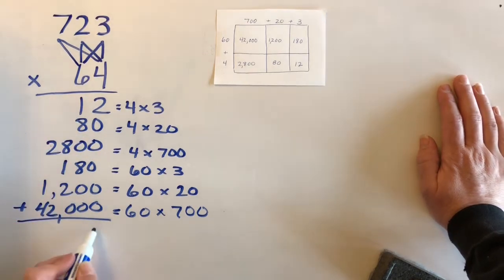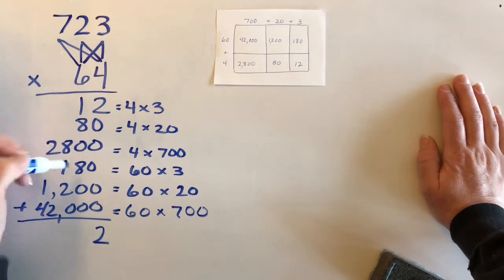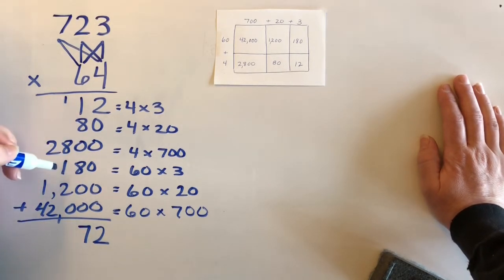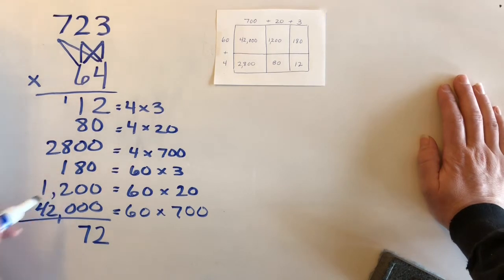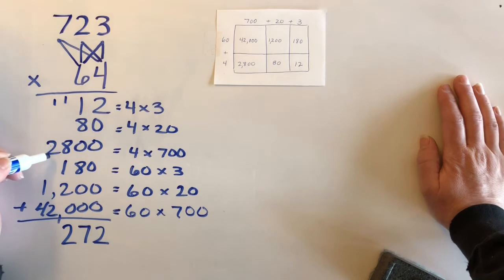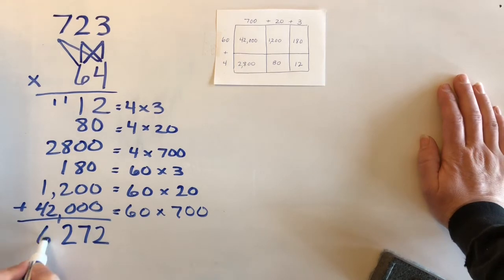So 2 plus zeros is 2. 1 plus 8 is 9. 9 plus 8 is 17. Carry the 1. 1 plus 8 is 9. 9 plus 1 is 10. 10 plus 2 is 12. Carry the 1. 1 plus 2 is 3. 3 plus 1 is 4. 4 plus 2 is 6.